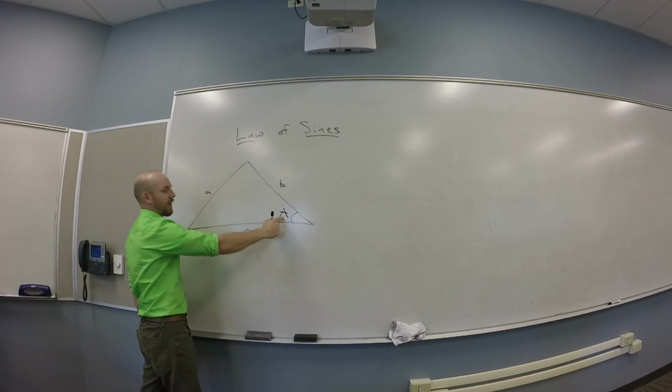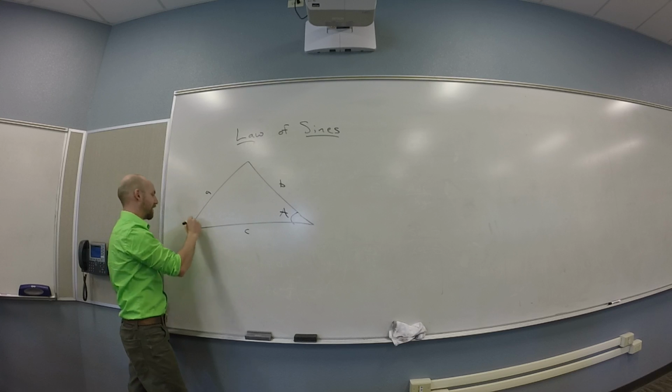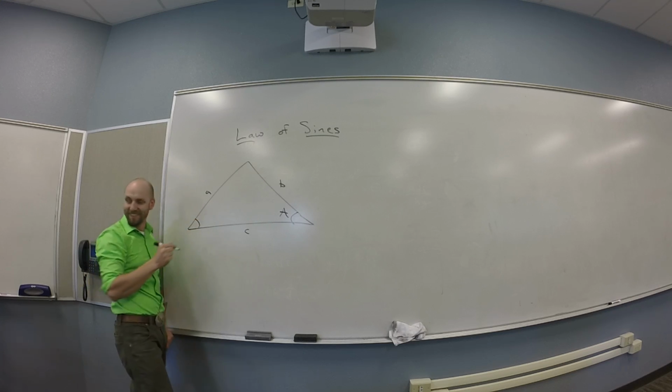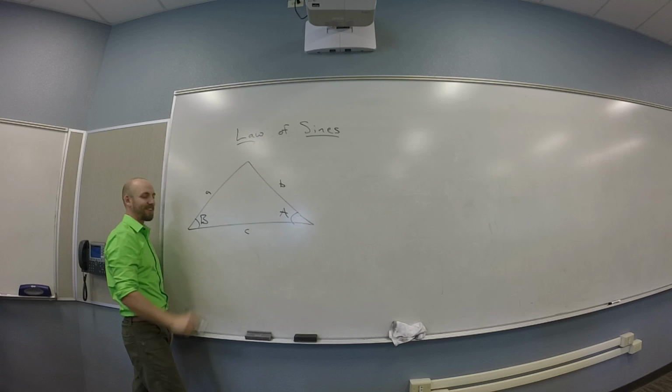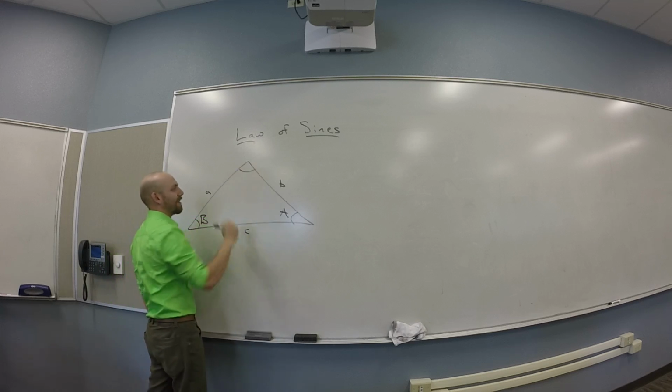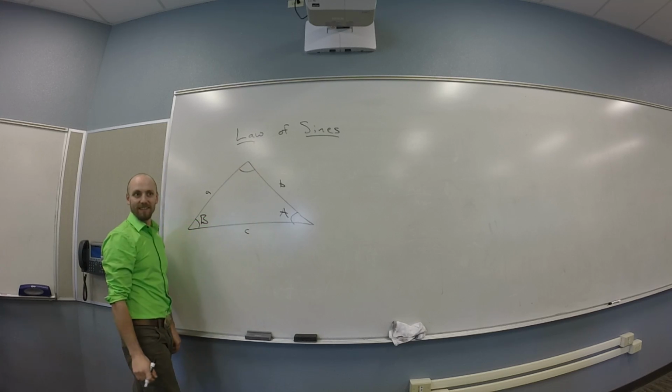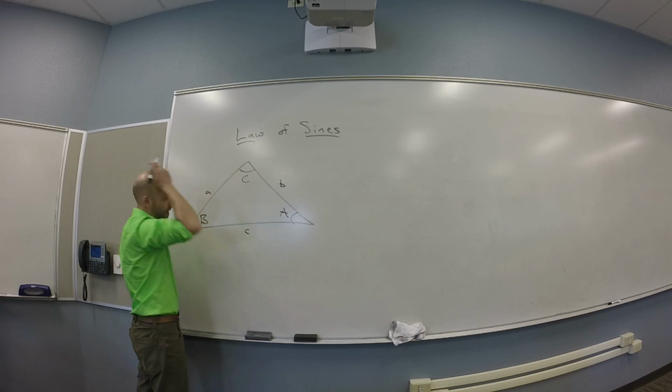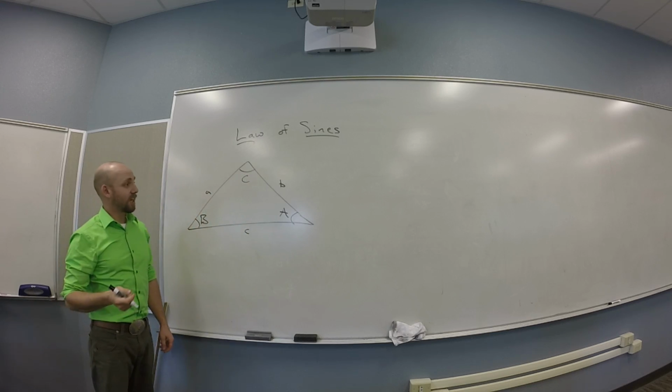So angle A is across from side A, angle B is across from side B, and up here is angle C.